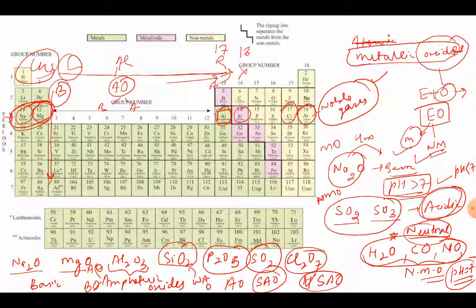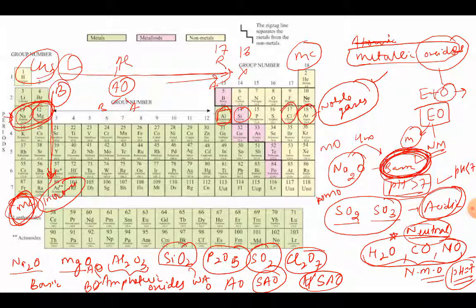And if you have watched the previous tutorial for the metallic character of elements, we know that down a group the metallic character of elements increases, right? So now just correlate this metallic character with the nature of oxide over here. So can I say that the metallic character increases down a group? Hence, the basic nature of the oxide will also increase.